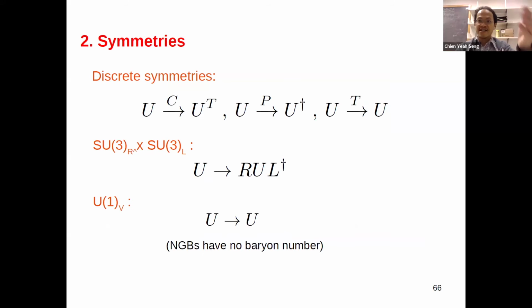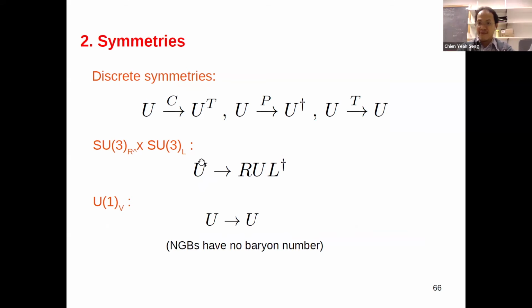And next, we consider the symmetry. For the discrete symmetries C, P, and T, we need to know the transformation of the matrix U under C, P, and T. And then the chiral symmetry, SU(3)_R and SU(3)_L.